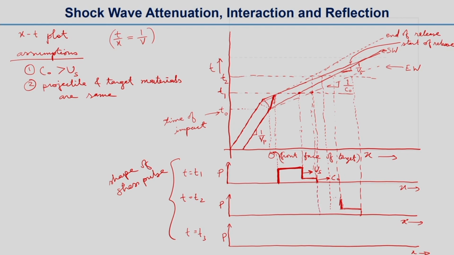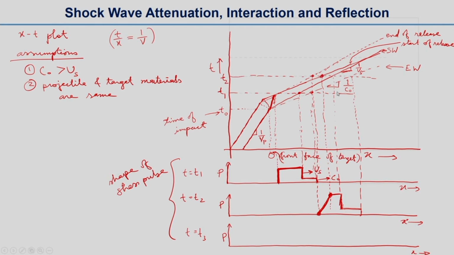So, what will happen here is this will be different, see this. It will look something like this. This point is the start of release, if you see in this figure, and this point is the end of release, that means the release wave will end here and the pressure will be 0.